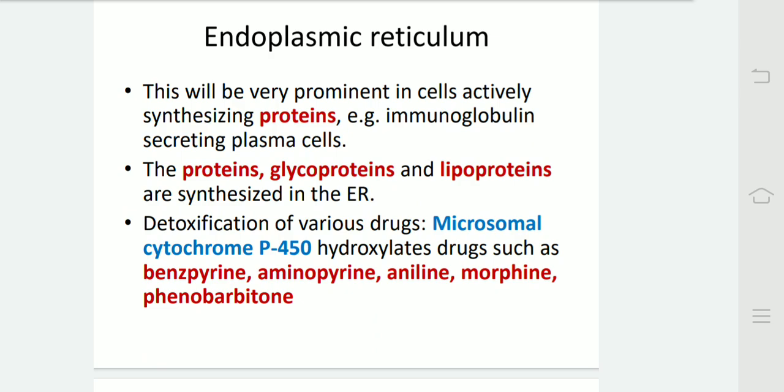This is very prominent in cells. Glycoproteins and glycolipids are synthesized in endoplasmic reticulum. The detoxification of various substances is an important function of endoplasmic reticulum. Microsomal cytochrome P450 hydroxylates substances such as aspirin, aminopyrine, aniline, morphine, phenobarbital, etc.